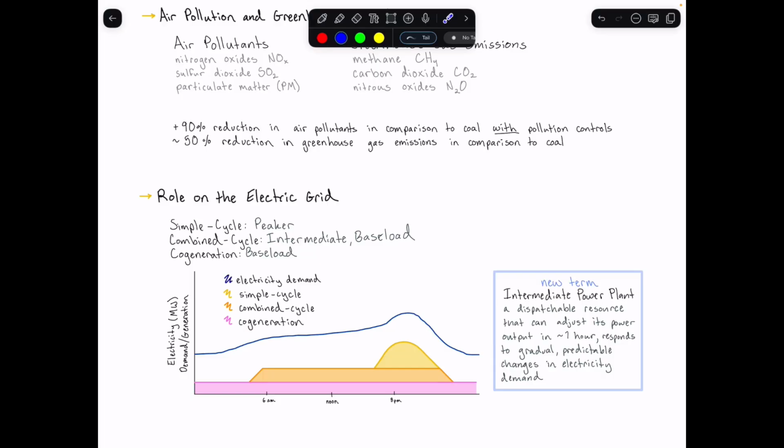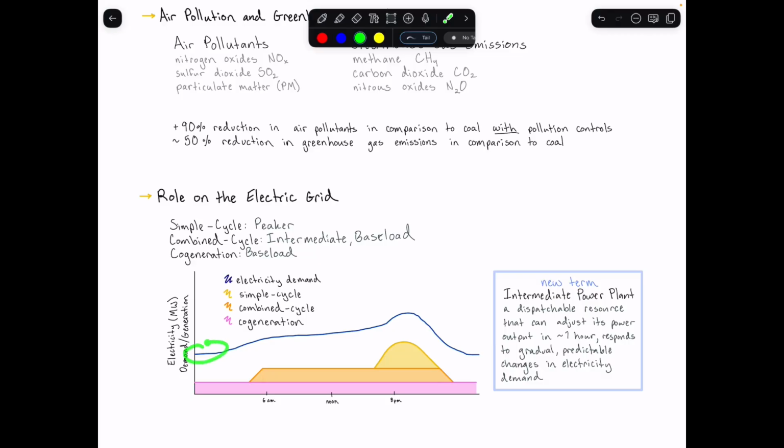Now, if we look at this chart here, the x-axis represents the time of day, and the y-axis represents the electricity either being demanded or generated in megawatts. Like I've shown in the previous lectures, this blue line here that I'm highlighting with my green highlighter is supposed to represent how much electricity is being demanded throughout the day.